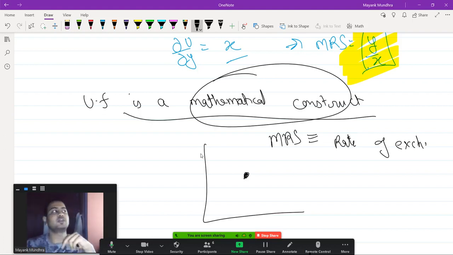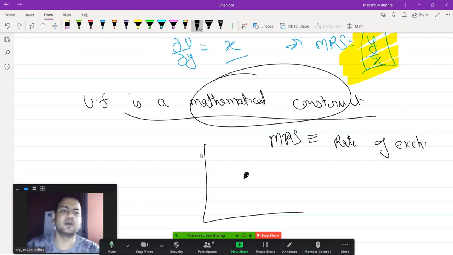If monotonic transformations would change the MRS, then using them would lead to faulty results, because whatever you do in your mathematical calculation should not change the ground reality. Okay, you can predict what's happening, you cannot change what's happening by making your calculations.